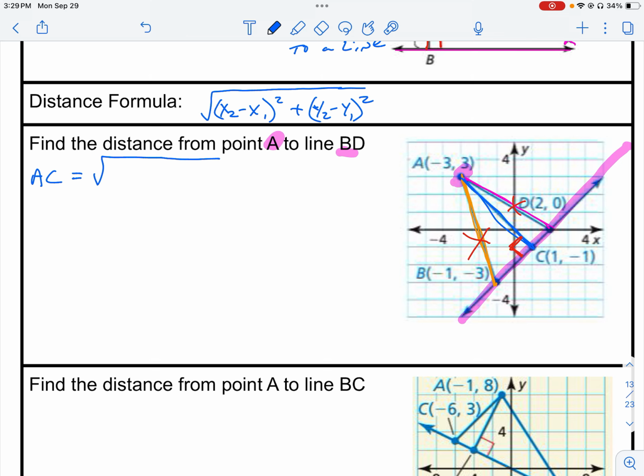So we're going to plug point A and point C into our handy-dandy distance formula, and we're going to go 1 minus negative 3 squared plus negative 1 minus 3 squared. So that's going to be plus 3, so that's 4 squared. 1 minus negative 3, that is a 4 squared, and negative 1 minus 3 is negative 4 squared, still inside the radical.